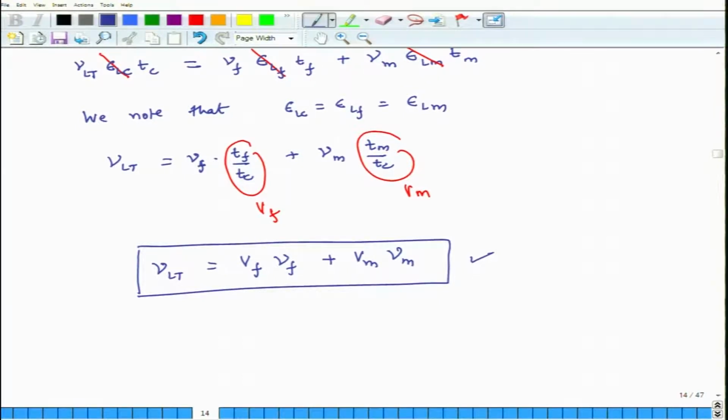Now, remember, I had said that there are two Poisson's ratios associated with the unidirectional composite. One is nu L t and the other one is nu T L, and both of them are not same. This one is known as major Poisson ratio. And this guy is known as minor Poisson's ratio.